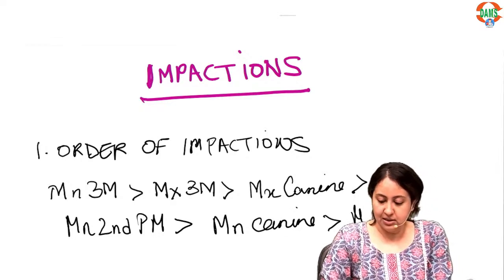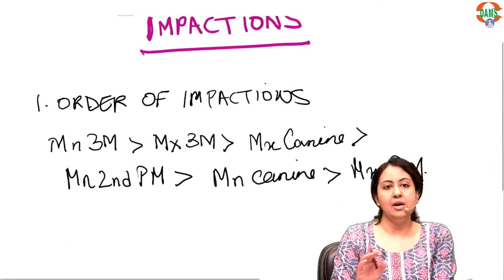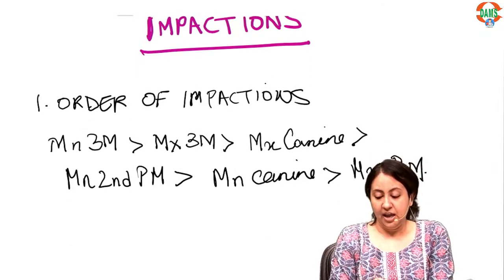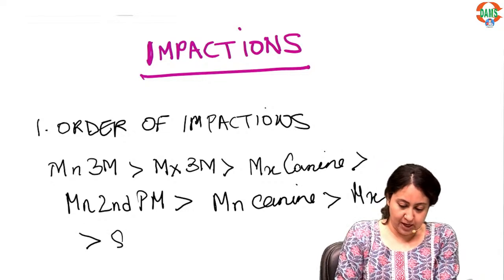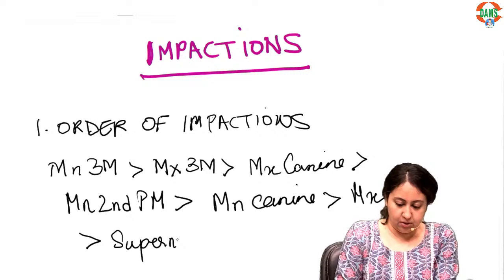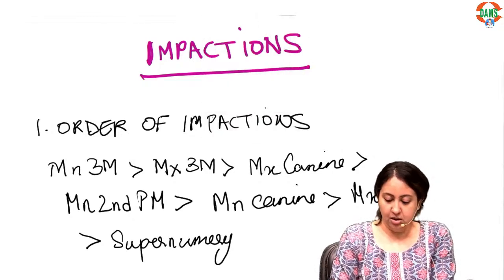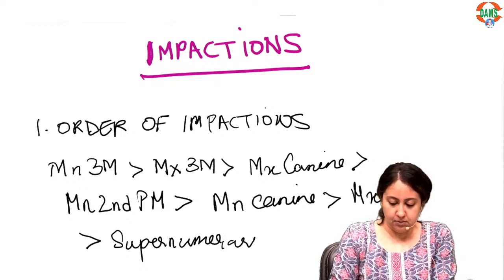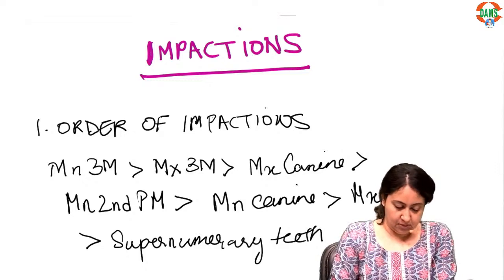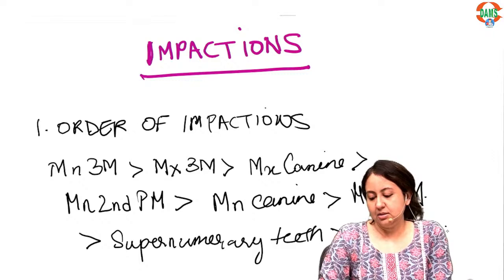followed by maxillary premolar. Now this maxillary premolar can be anyone, either first or second, followed by supernumerary teeth, and followed by maxillary incisors.